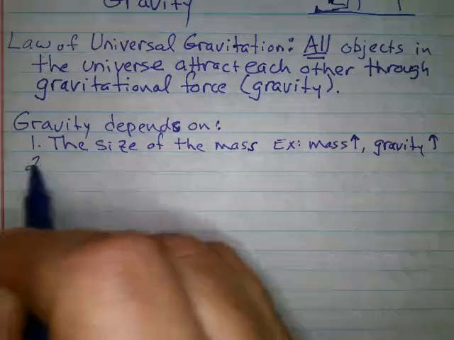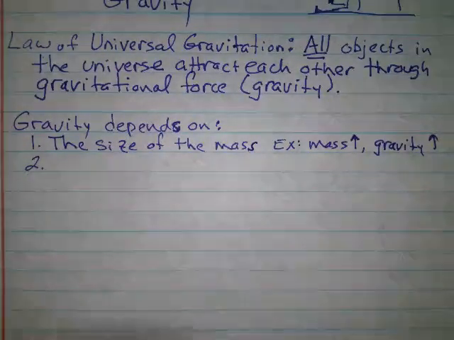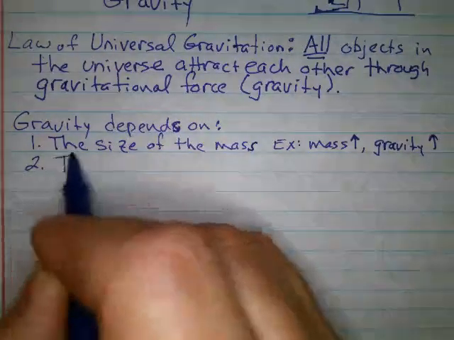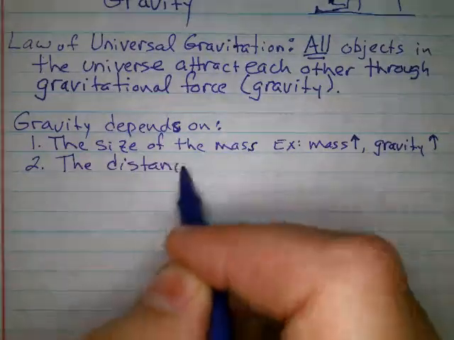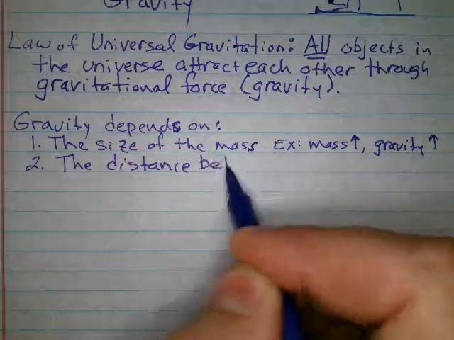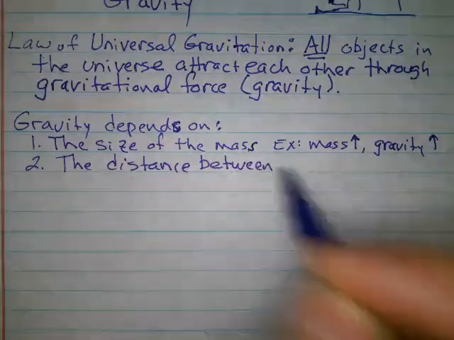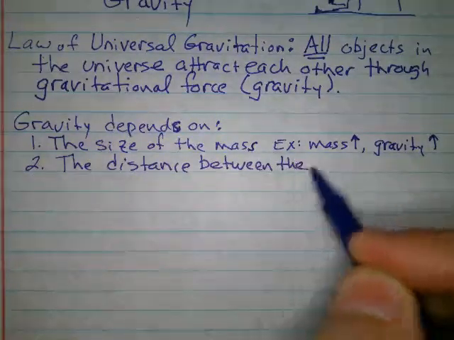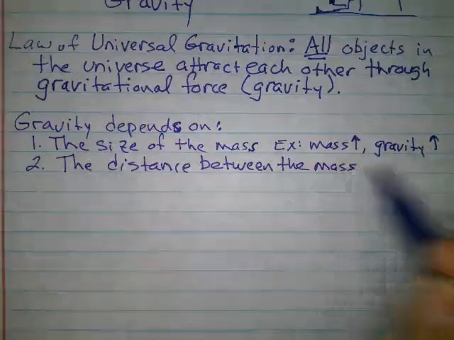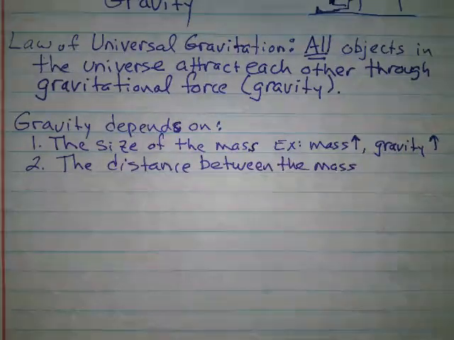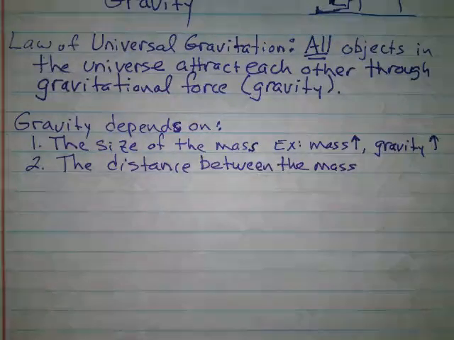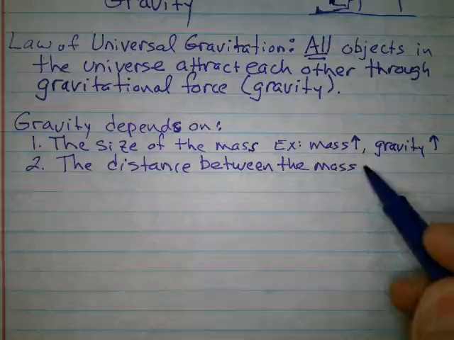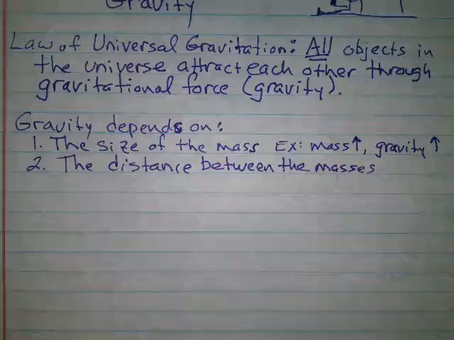And gravity depends on another thing, number two, the distance between the masses. So you can have a huge object out in the universe that has an amazing amount of gravity, but if it's too far away, we won't feel it because it's too far away.